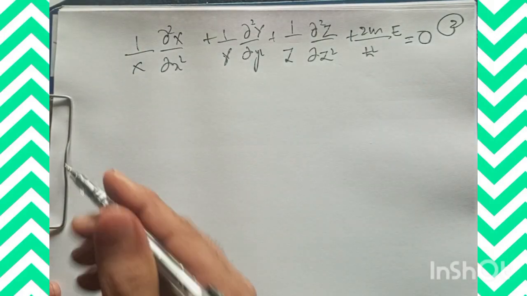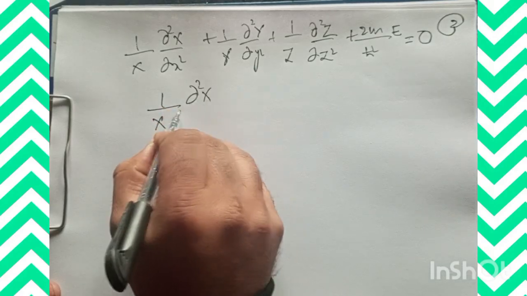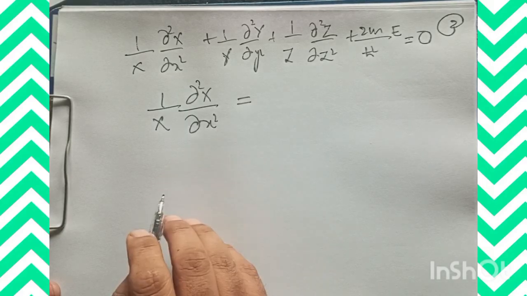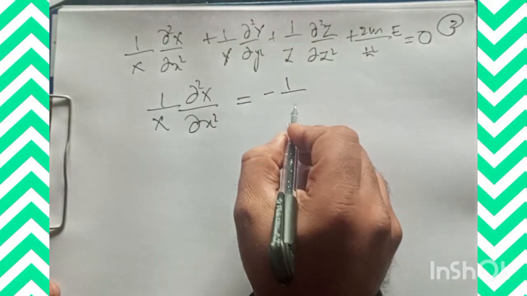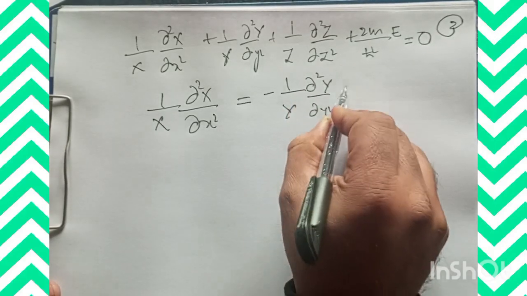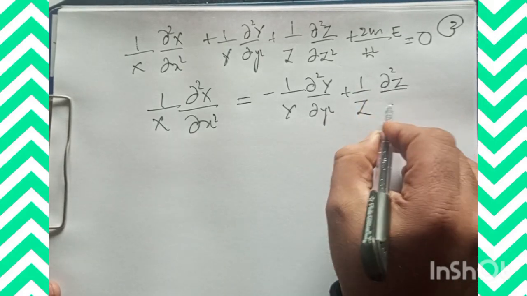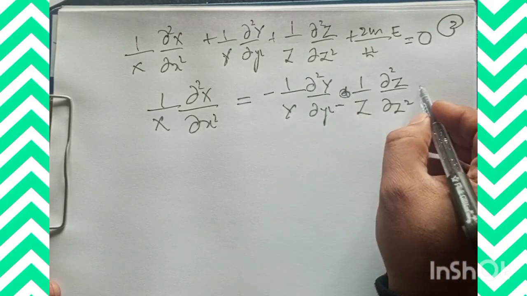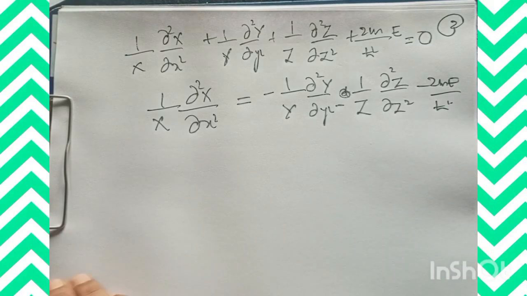And going back in a similar way, we have to make use of a constant here in order to make sense out of this equation. So I will take this thing equal to minus 1 by Y dou 2Y by dou y2 plus 1 by Z dou 2Z by dou z2, it has to be minus, then minus 2m E by h cross square.